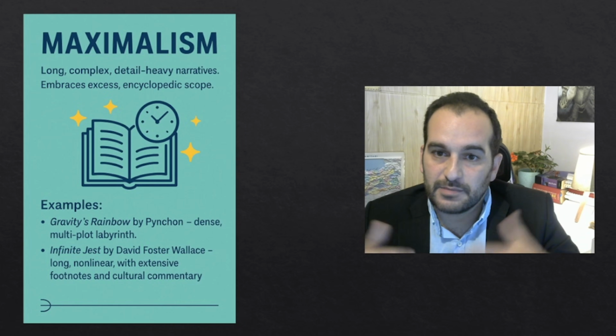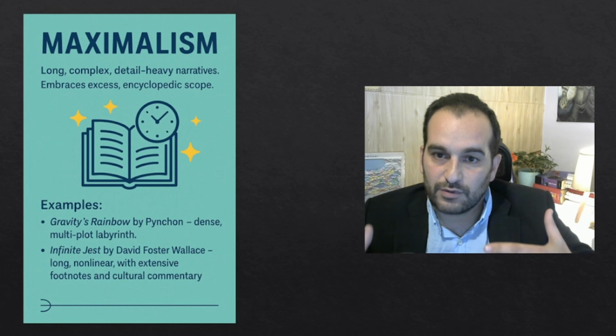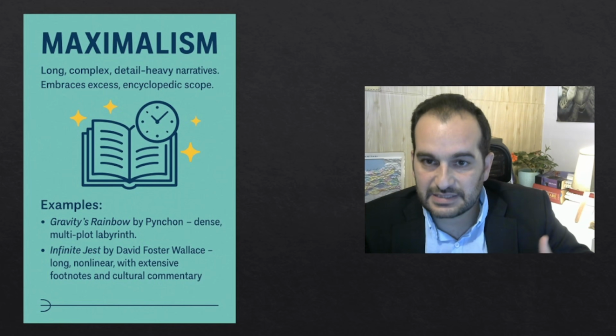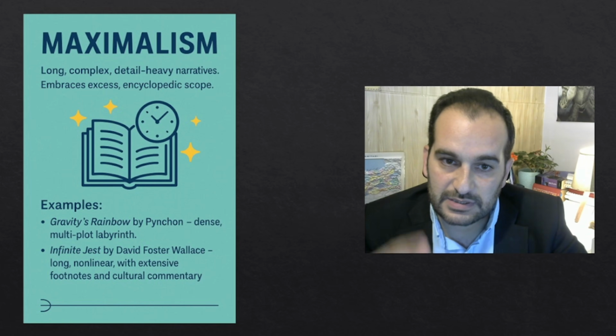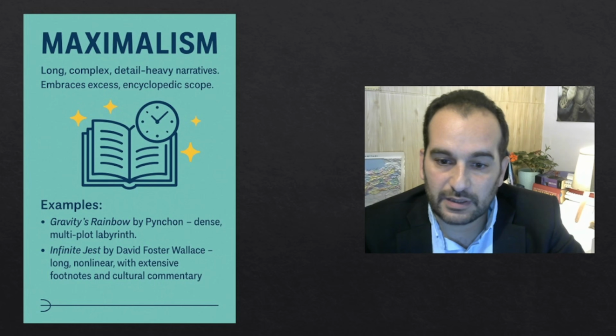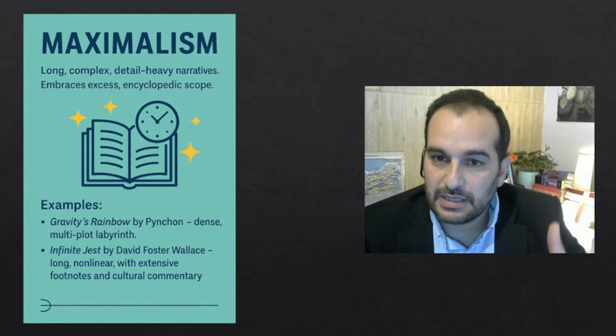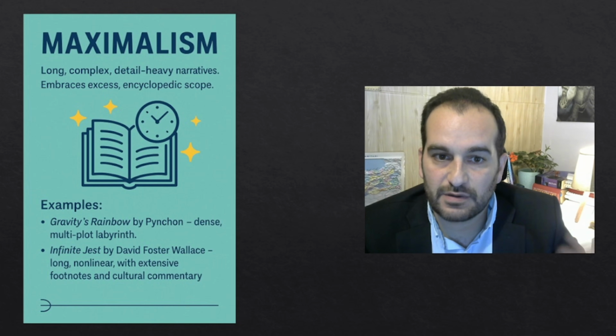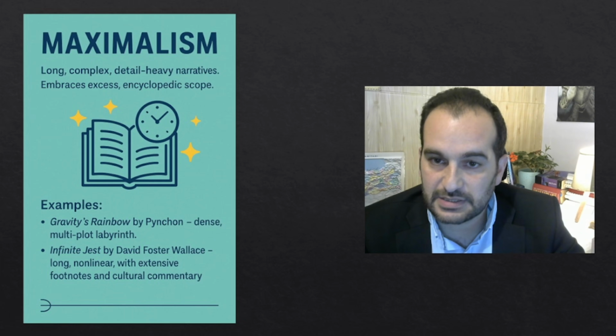So this is called maximalism, when you see a lot of description and excessive details about certain situations. Here we have this example from Gravity's Rainbow. You see many details and excessive description of characters and plots and stories.